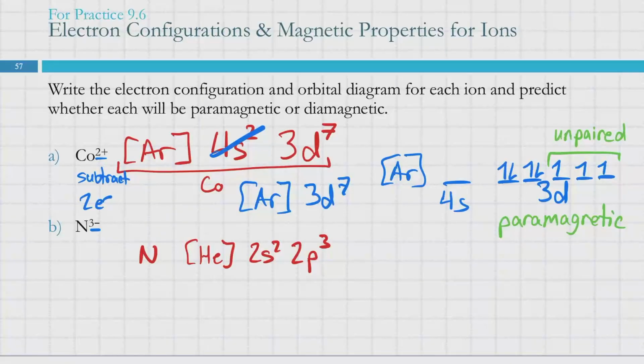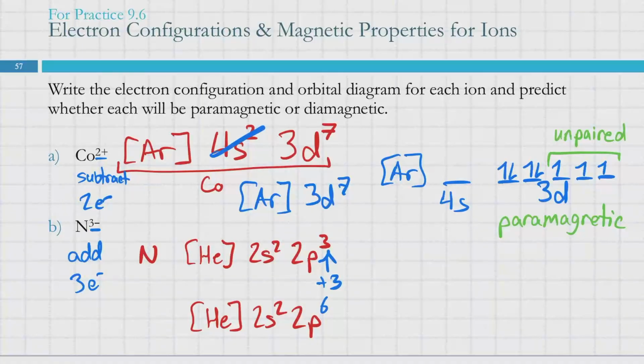What does the 3 minus tell us? Add how many? 3 electrons. So we're going to add 3 electrons. So this would become helium 2s2 2p6.